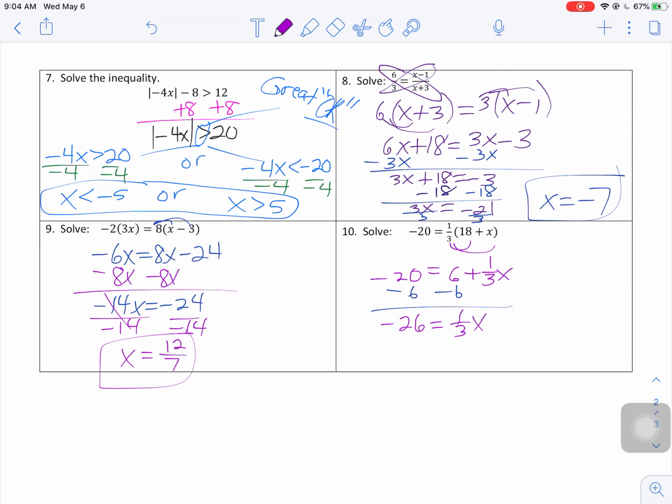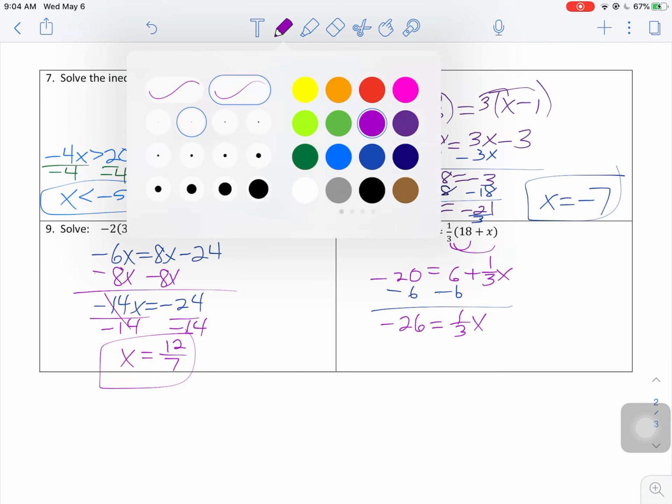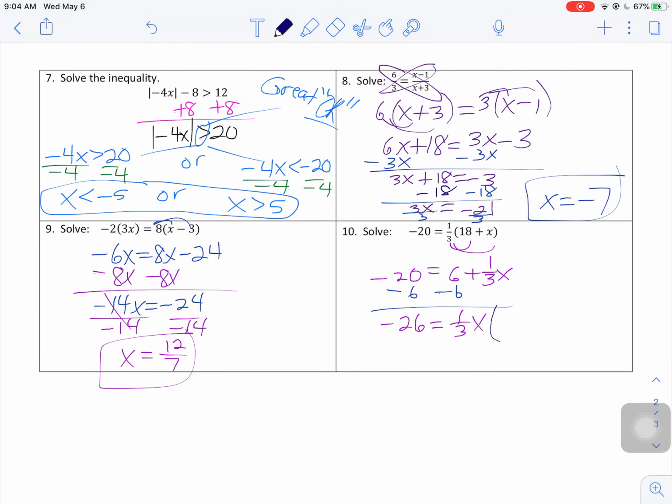And then to get rid of a 1/3, normally you would divide both sides of the equation by 1/3, but dividing a fraction by a fraction is the same as multiplying by the reciprocal. So I'm actually going to multiply both sides of the equation by 3. That'll be a little bit better. So 3 times negative 26 is negative 78. And then x is left on the other side of the equation. So that's it.